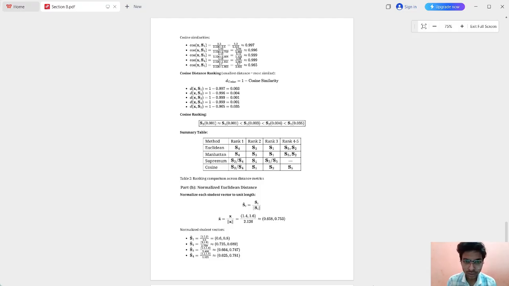The cosine ranking of this is S3 similar to S4, and S5 is greater than S2, and S2 is greater than S1.